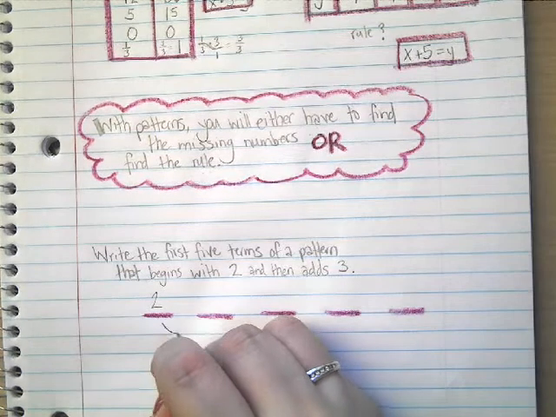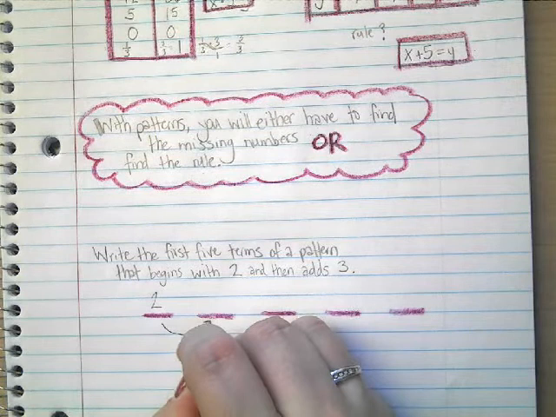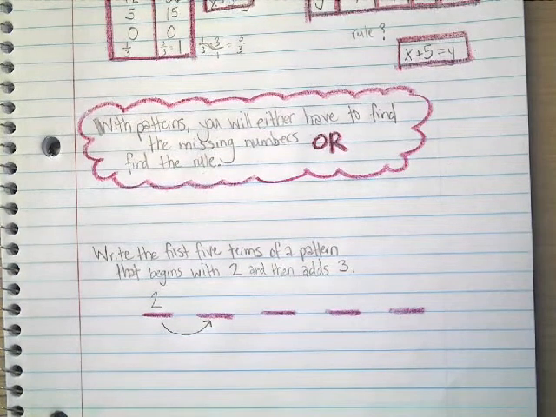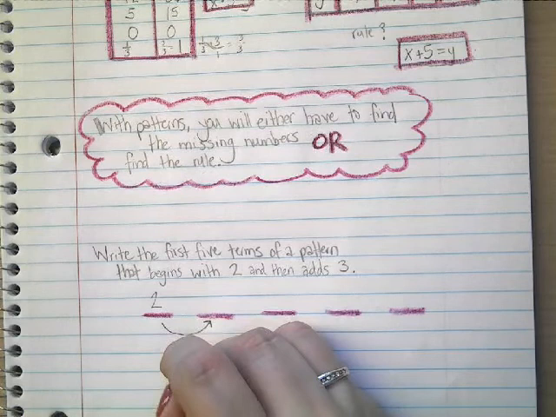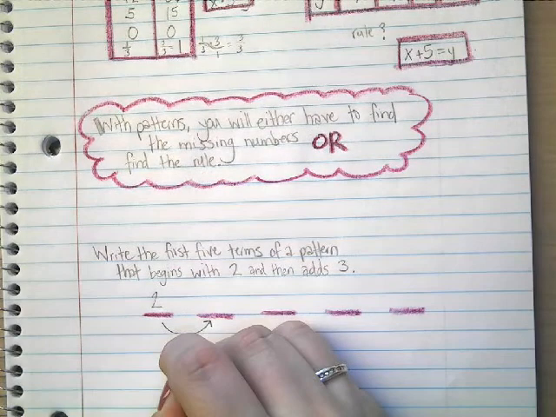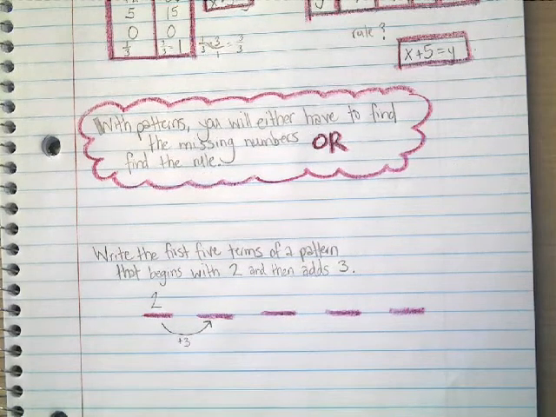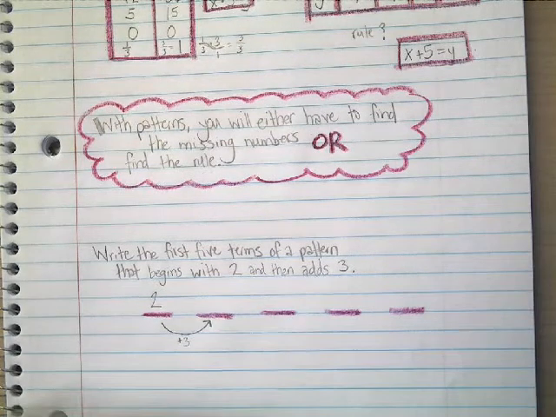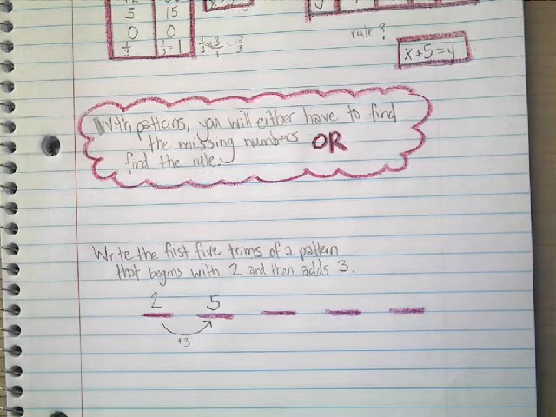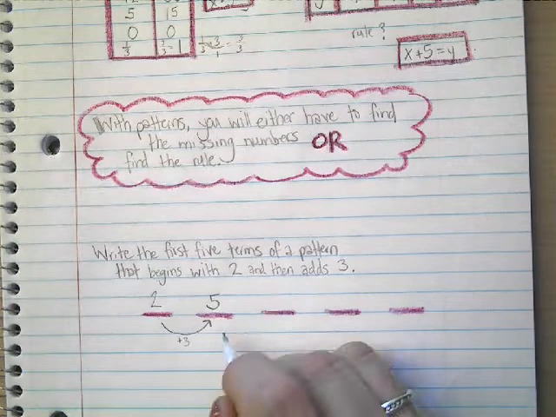So in between each number, I'm adding 3. To get to the next number, I draw an arrow there. To get to the next number, I had to add 3. So if I have 2 and I add 3 to it, I get 5. So the next number in this pattern is 5.